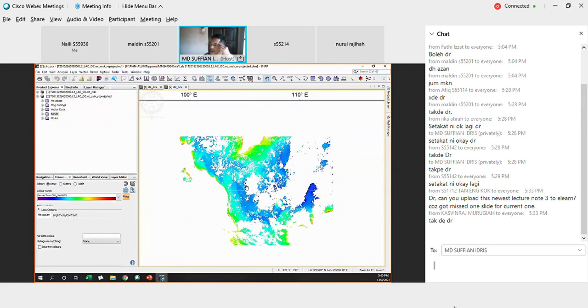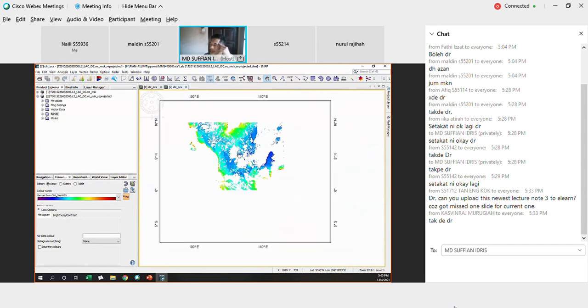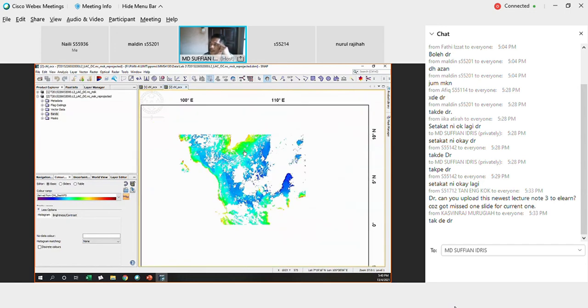Okay. So, salah satu cara dia adalah you buat, kalau you right click dia ada kat sini, kalau you nampak spatial subset, you subset dia daripada view.